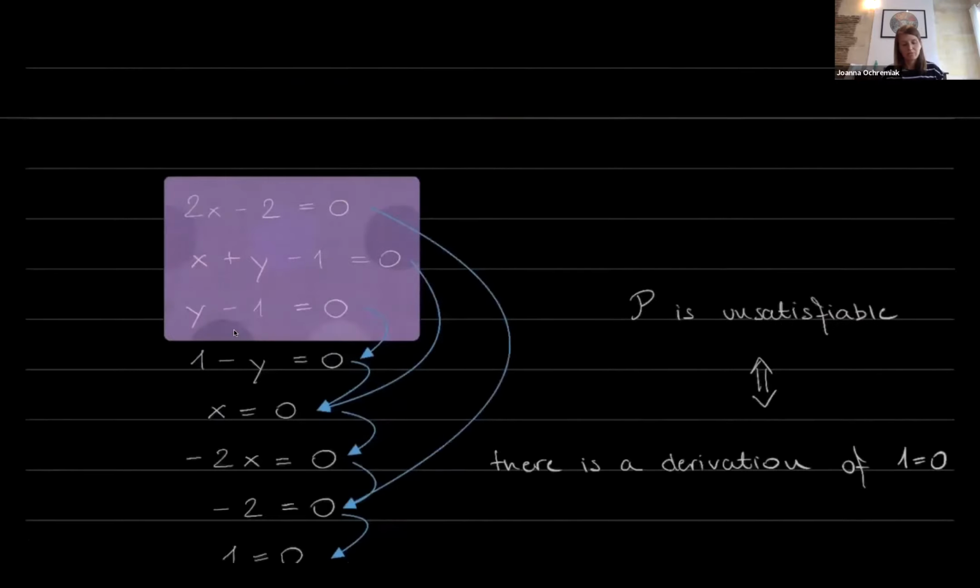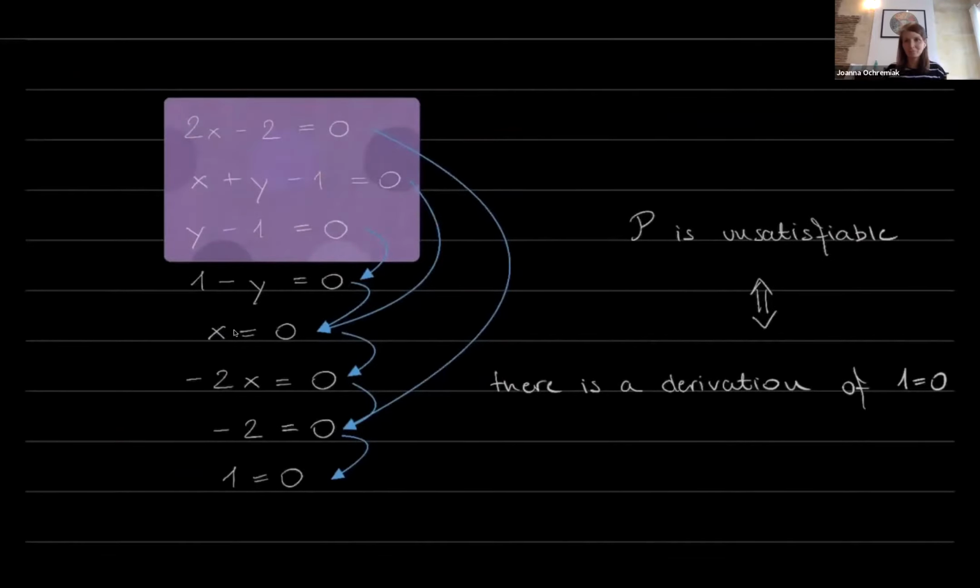So here you have a rather trivial refutation in polynomial calculus. Let's say that we start with those three polynomial equations. Our goal is to use those rules to derive, as in the case of resolution, a contradiction. And then we conclude that the original system of equations does not have a common 0-1 solution.